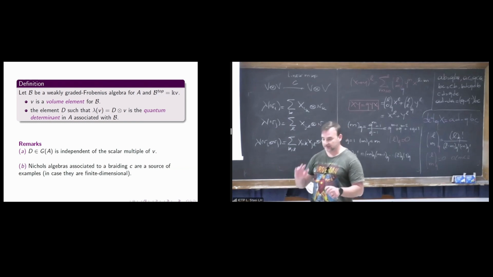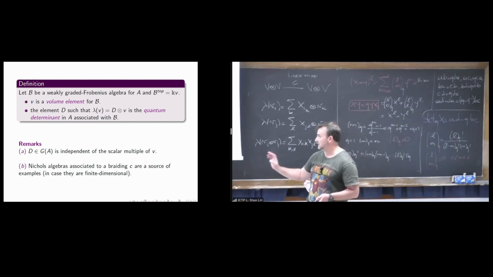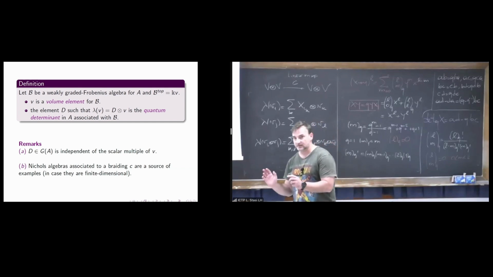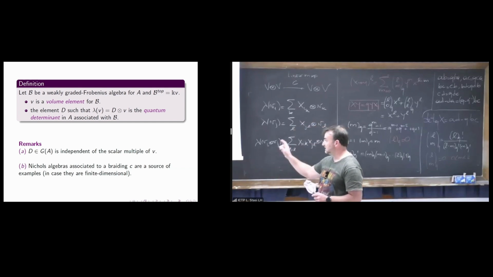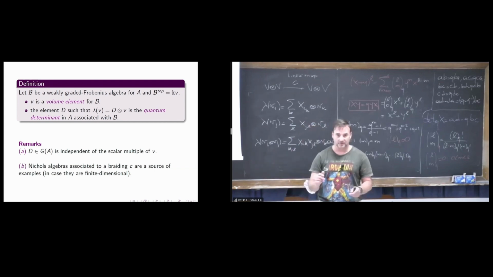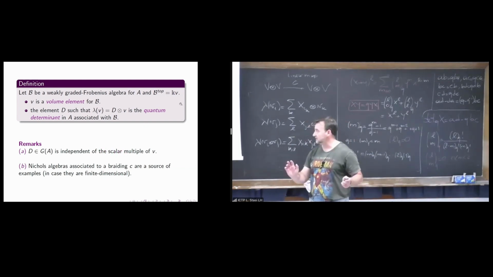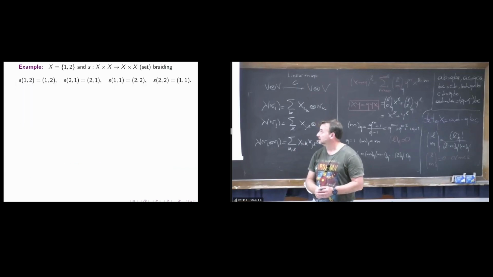But we have a process, we can construct something that satisfies these properties. We have a lot of examples for any braid in C. You give me a braid in C, we have a lot of examples and then you have to compute them. And the difficult thing is to prove that they are finite dimensional. Once you have done that, then you can construct quantum determinants.